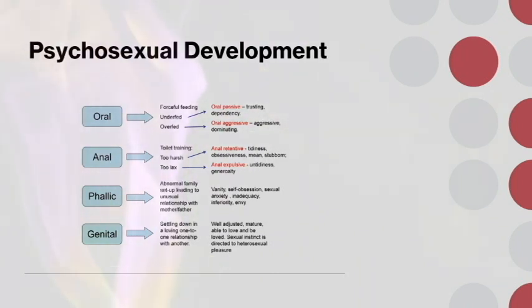Girls may experience the Electra complex, with feelings for their fathers and jealousy towards their mothers. Something that's very common in the phallic stage is for children to walk around with their hands down their pants, and that's normal.